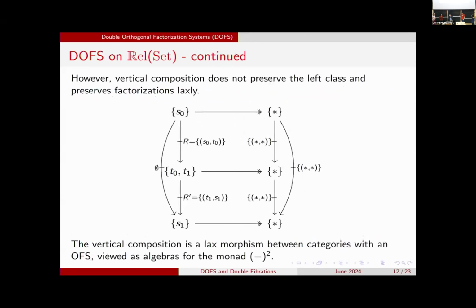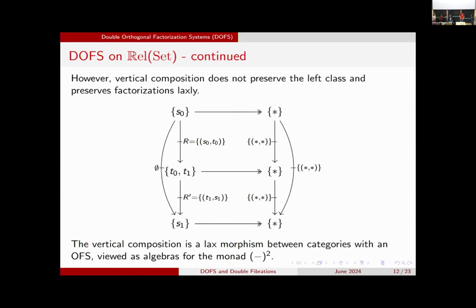However, the horizontal composition does not preserve the left class. This is interesting because it tells us that we need some lax notion along with the strong notion we had from the previous example. We need a notion of lax morphisms between categories equipped with a factorization system.